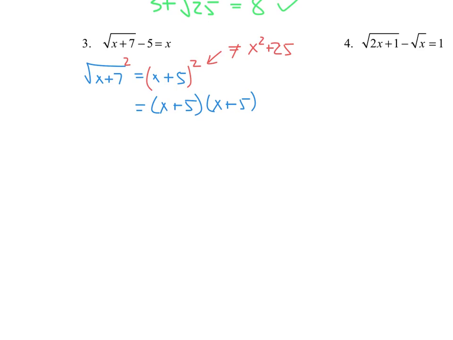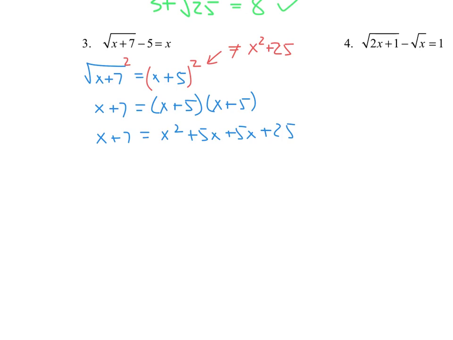On the left side, we do just get x plus 7. So I'm going to FOIL, and we get x squared plus 5x plus 5x plus 25. And now we have x's, an x squared, constants, so we're probably going to hope that this is factorable and try and solve by factoring.